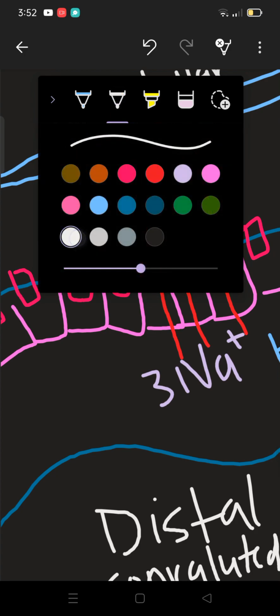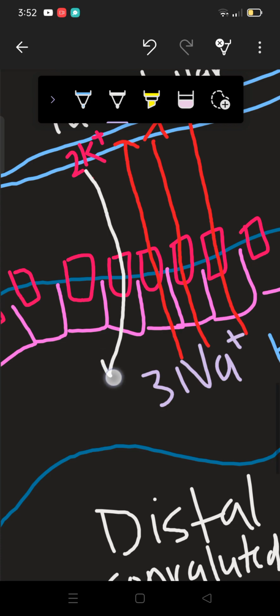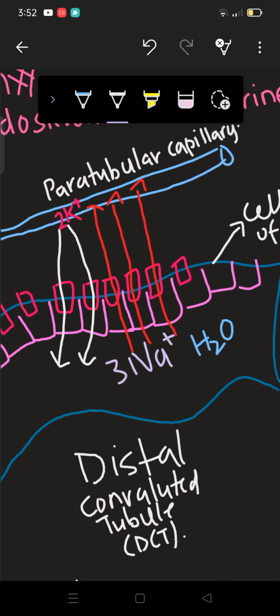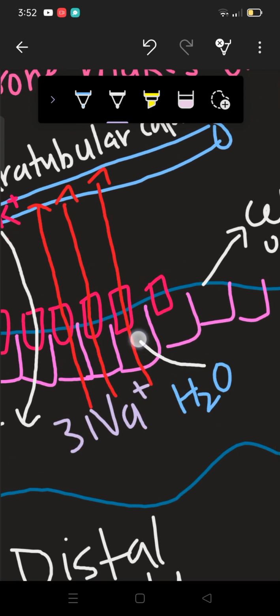So I'm making this with white color. Alright, and if sodium is going there, as we know that sodium behaves as a magnet. So if salt is going there, then water will go with it as well.